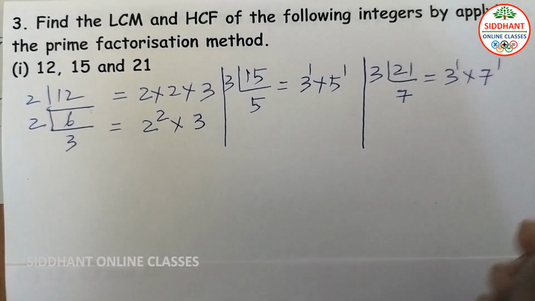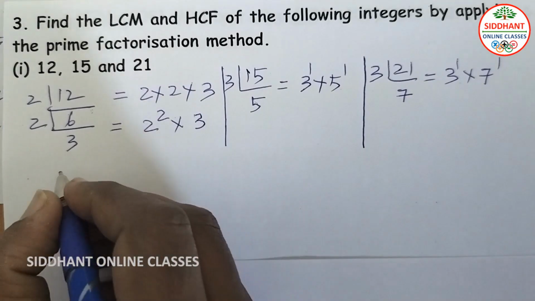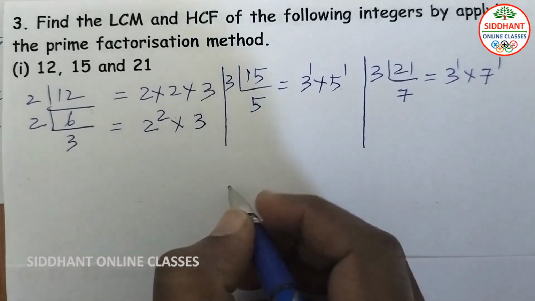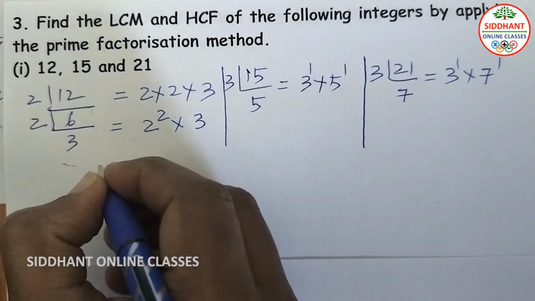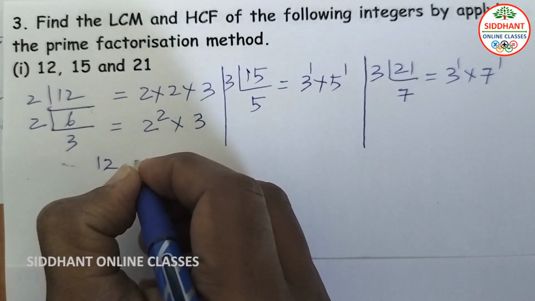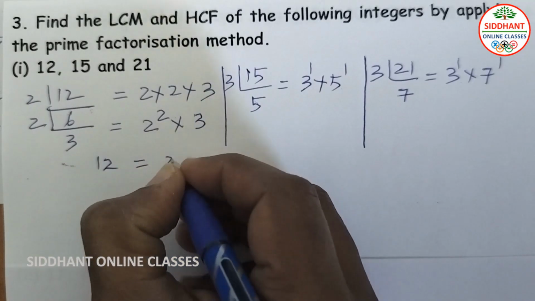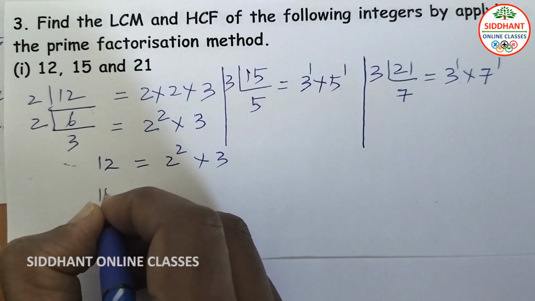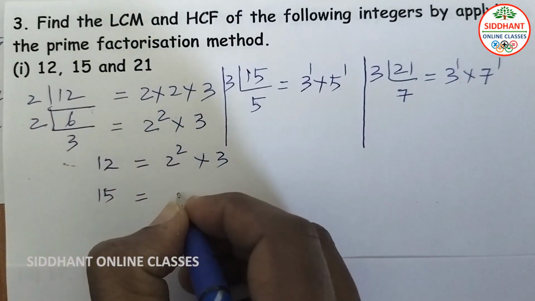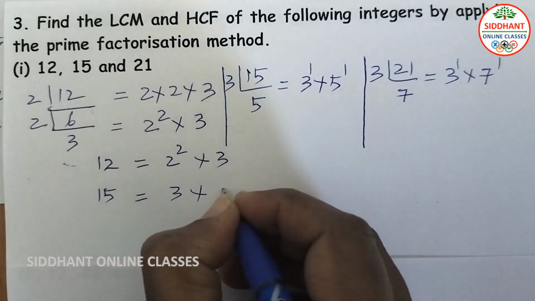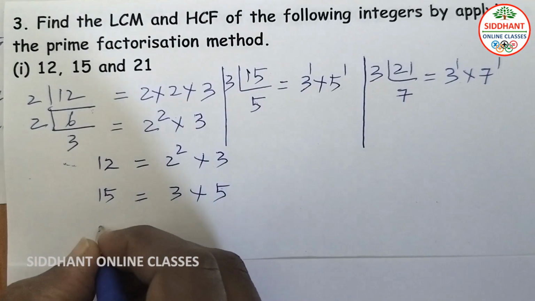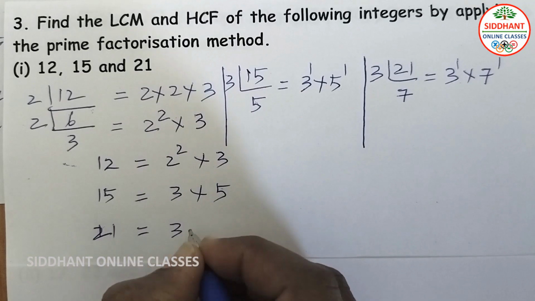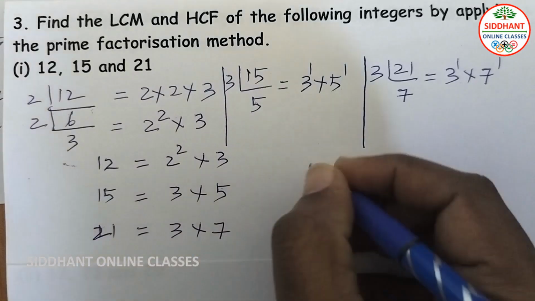Now, to find the HCF and LCM: 12 is 2 to the power of 2 into 3, 15 is 3 into 5, and 21 is 3 into 7.